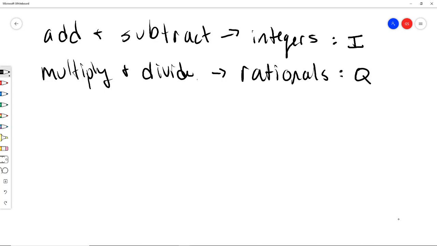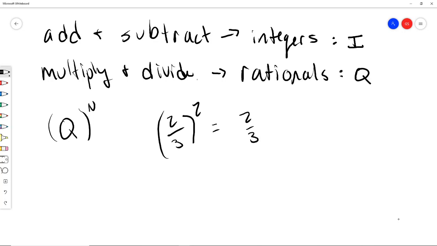In its most basic form, that's not even the integers, it's just the natural numbers. So we can have Q to the n. For example, 2/3 to the second power is 2/3 times 2/3, which is 4/9. That should be pretty straightforward.